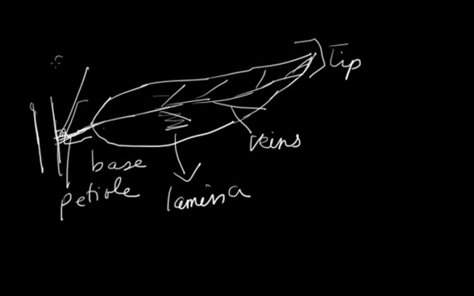We call it the axillary bud. So these are the parts of a typical plant leaf, and now let's have a look at the reasons for leaf modifications. Just an overview.